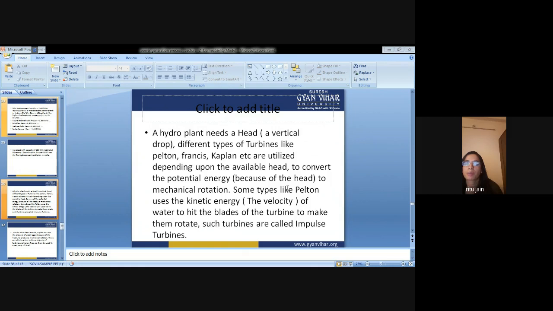Some types like Pelton use the kinetic energy of water to hit the blades of the turbine to make them rotate. Such turbines are called impulse turbines.